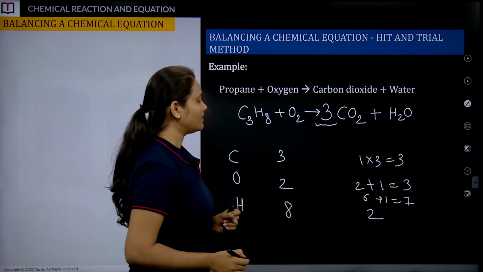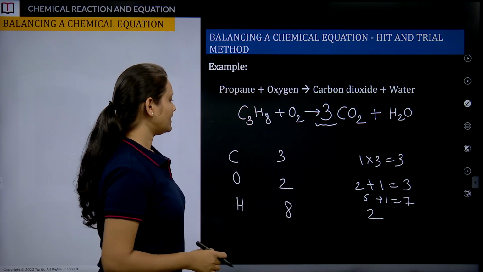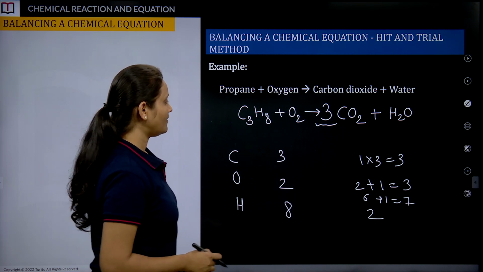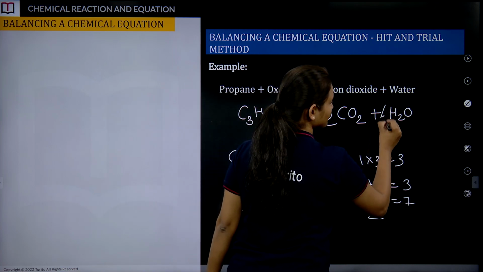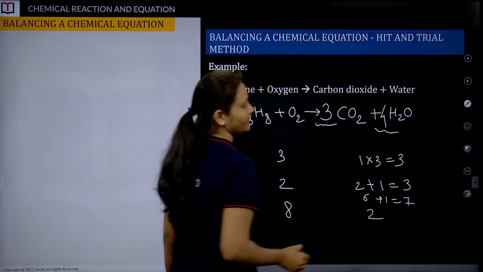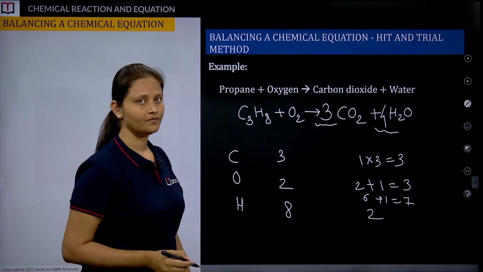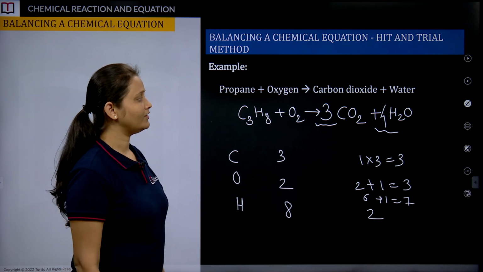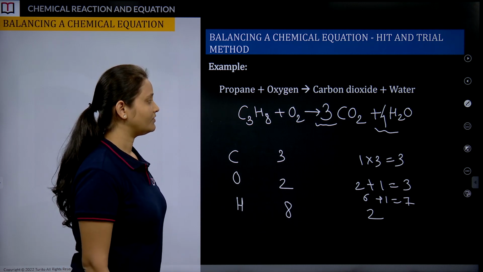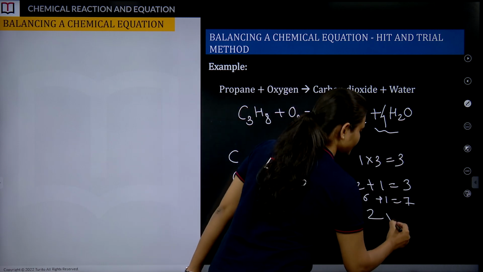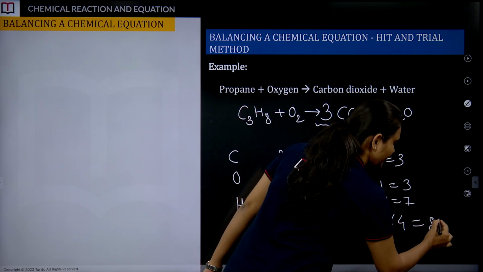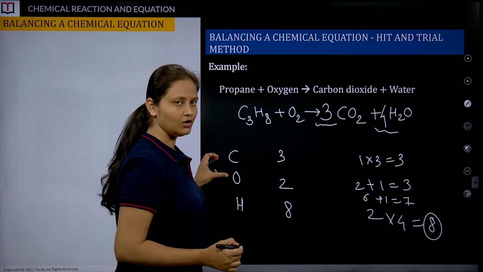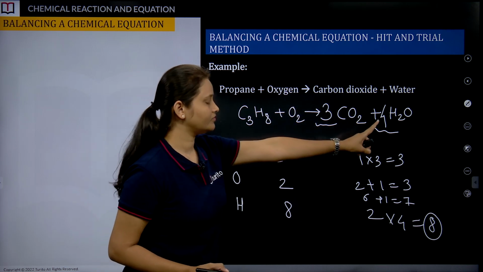Now what we can do is, if I add 4 as a coefficient for H2O and check the total number of hydrogen, 2 into 4, right? That is giving me 8 hydrogen. So what I did, I held off balancing oxygen atoms and jumped to hydrogen.